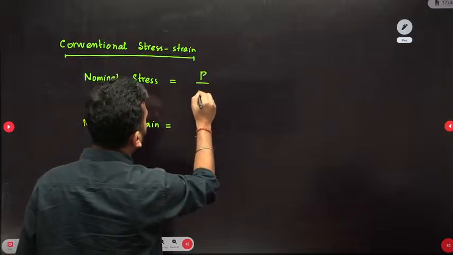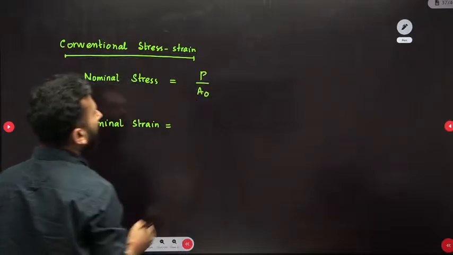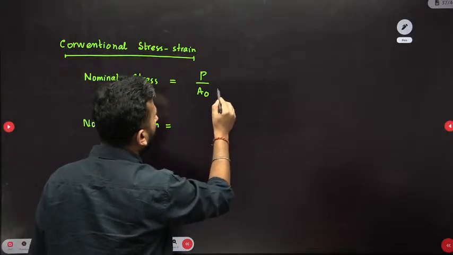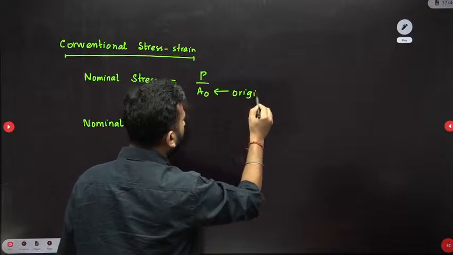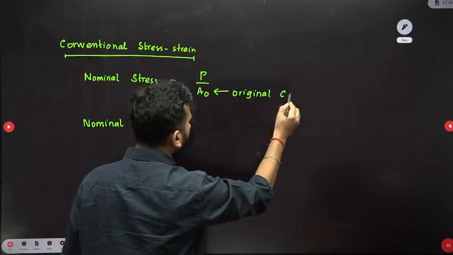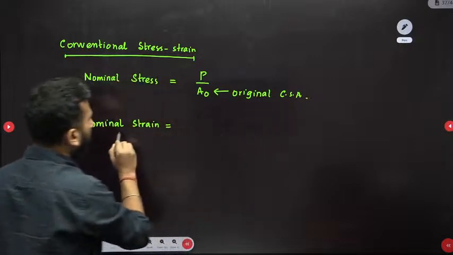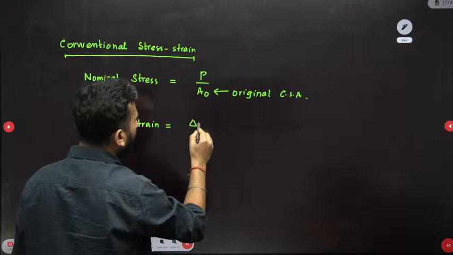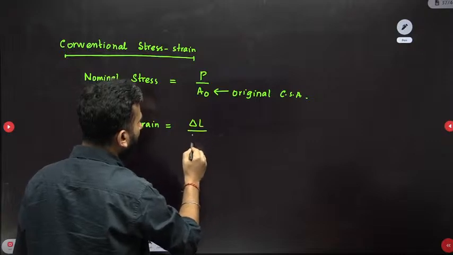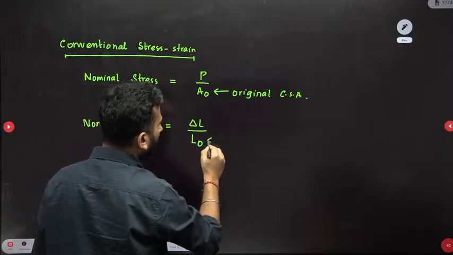Nominal stress is P by A naught, where P is the applied load and A naught is the original cross-sectional area. In case of nominal strain, it is the change in length divided by the original length.